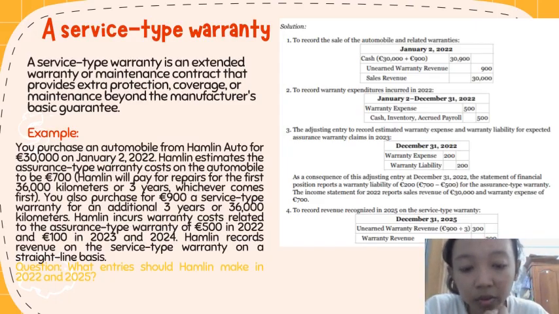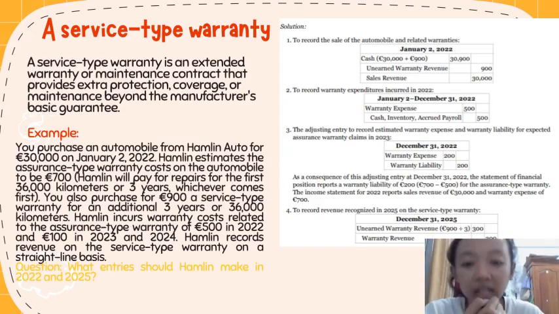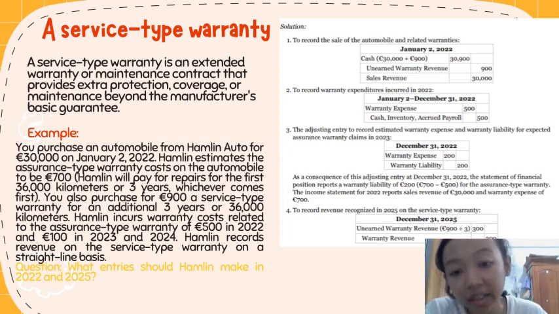Hanlim incurs warranty costs related to the assurance type warranty of $500 in 2022 and $200 in 2023 and 2024. Hanlim records revenue on the service type warranty on a straight-line basis.